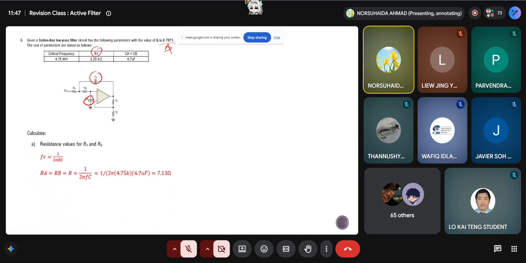Next we solve this question for the first one. First, calculate the resistance values for RA and RB. From this question, CA equal to CB, meaning equal to C. So when we have this type of calculation, we have to interpret.